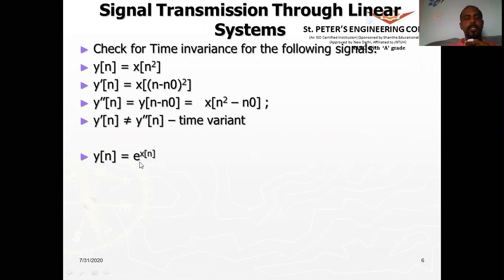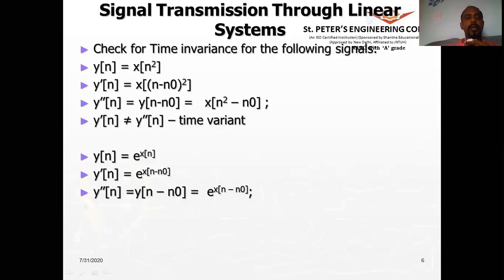Okay, now let us replace that input. We are delaying it. So input x of n will be delayed to x of n minus n naught. So if you take the output, what will be the output because of the delayed input? Y dash of n is equal to e to the power of x of n minus n naught. Now what will be the delayed output?